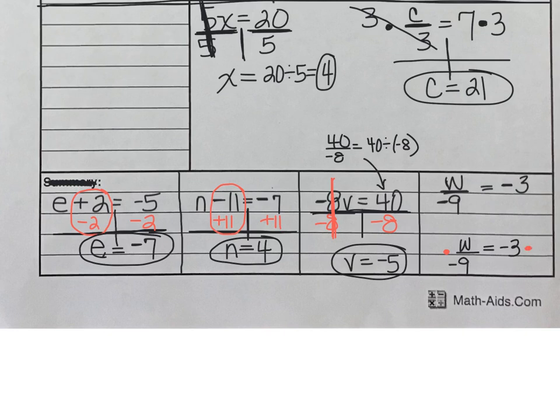And the number I'm multiplying by is the number that's in the division, which is -9. So -9 in the numerator and -9 in the denominator equal 1. So that tells me that W equals the product of -3 times -9, which is a positive 27.